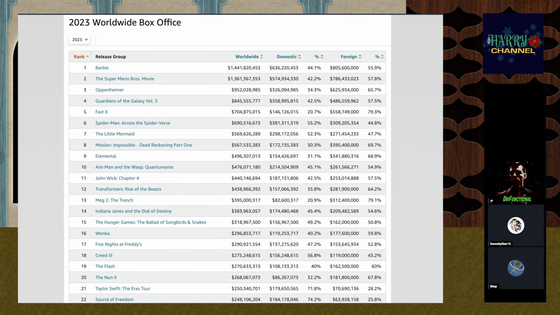In terms of Barbie, it made money hand over fist. Super Mario, and Oppenheimer. Surprisingly, Barbie's advertising was only 150. Oppenheimer was a relatively small budget, but of course, Guardians. They probably didn't make a ton of money on Guardians by the time they paid out salaries and stuff. Well, the problem with Guardians is the way you account for this is fixed versus variable cost accounting.